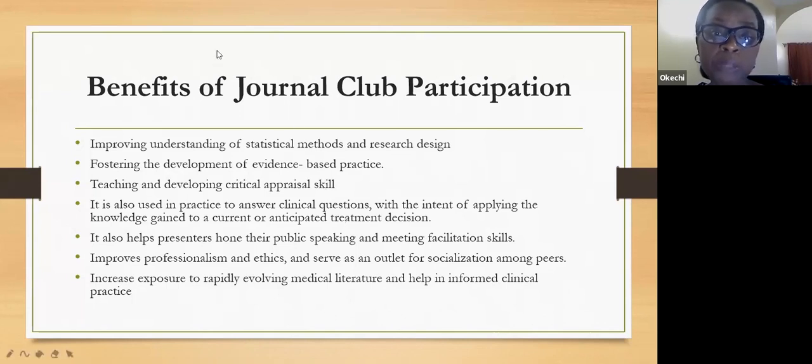It is also used in practice to answer clinical questions. It helps presenters hone their public speaking and meeting facilitation skills, like many of us have been facilitating all this while. Then it increases exposure to rapidly evolving medical literature, because a whole lot is happening now, and education, learning is evolving every day. Next slide.